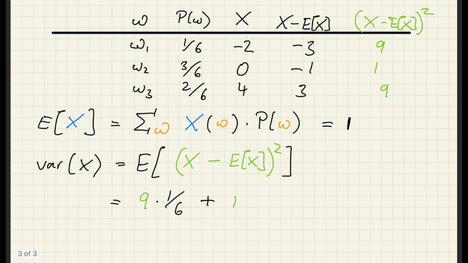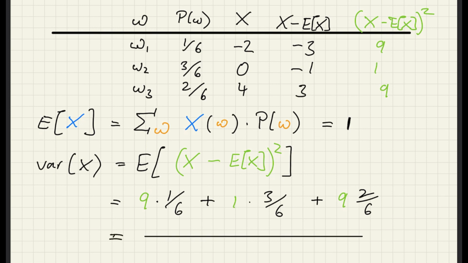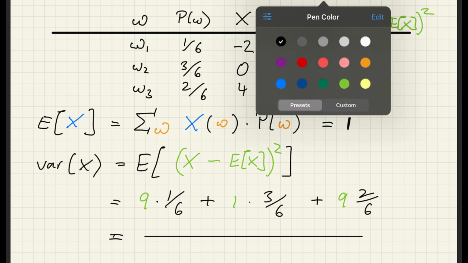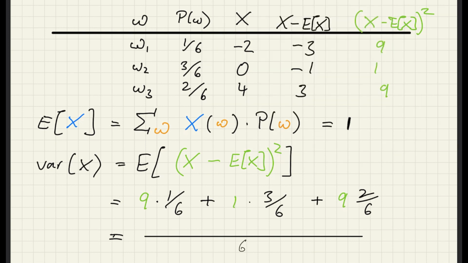So we have 1 times 3 over 6. Then we are adding the last outcome, which again is a 9 with probability, this time, 2 over 6. Adding this up is fairly easy because they share the common denominator 6.